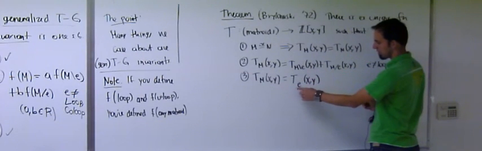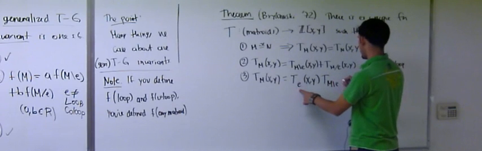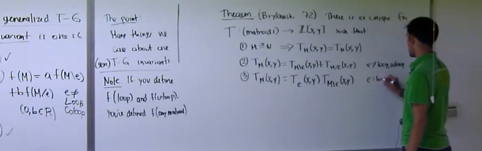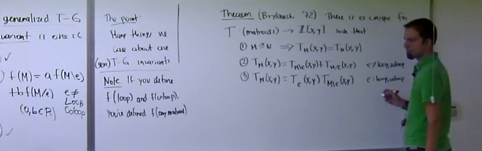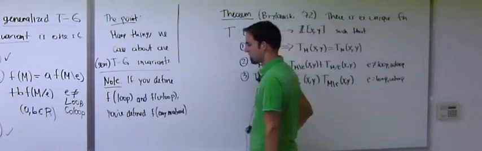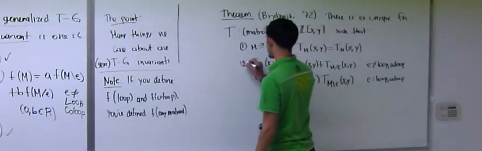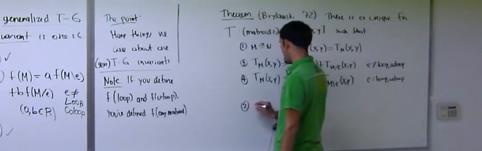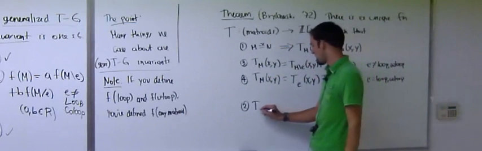You compute the invariant at the loop or the coloop, and you multiply that by the invariant of the deletion. Actually, let me renumber these. I'm going to call these 3 and 4, where the second one that I skipped is that x and y are the polynomials that you assign to the coloop and the loop.